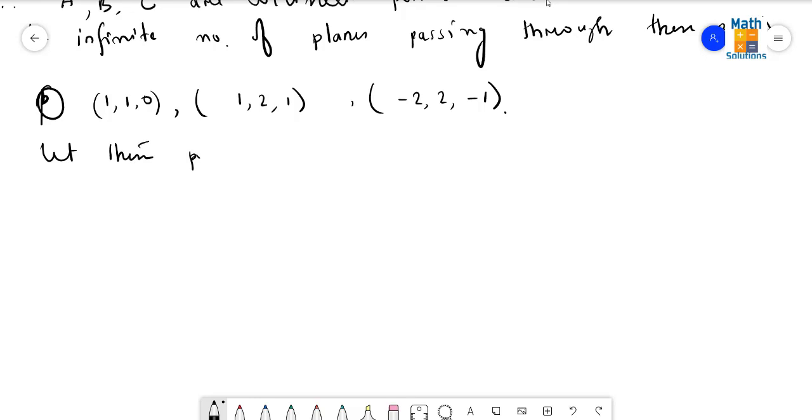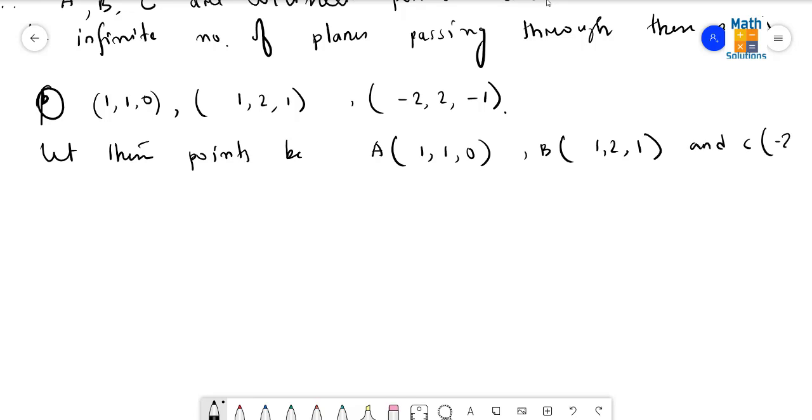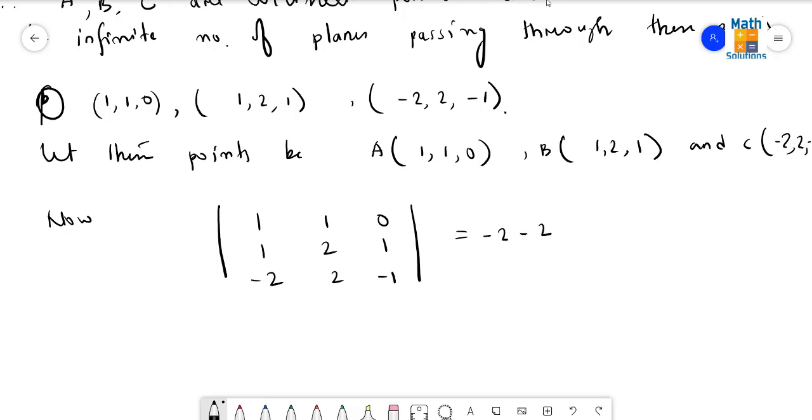Let these points be A (1, 1, 0), B (1, 2, 1), and C (minus 2, 2, minus 1). Now while finding out the determinant value, the values will be coming like this: minus 2, then minus 2, then minus 1 plus 2.